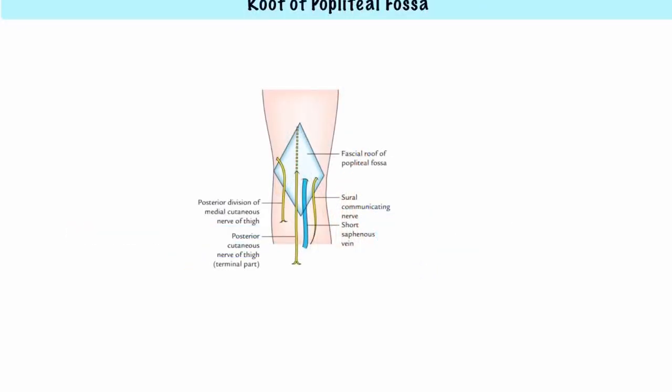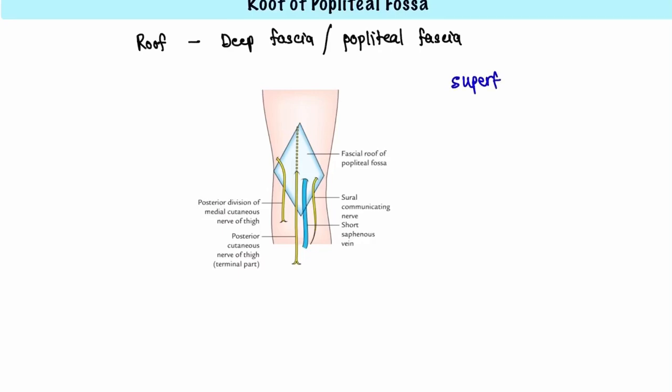Now let's talk about roof of popliteal fossa. Roof of popliteal fossa is made up of deep fascia, which is also known as popliteal fascia. Now, the superficial fascia over the roof contains, first, the short saphenous vein.